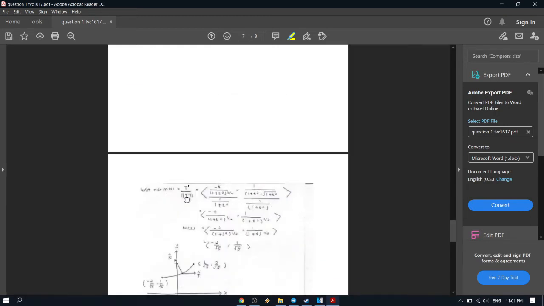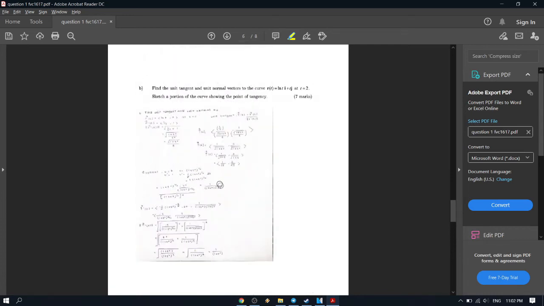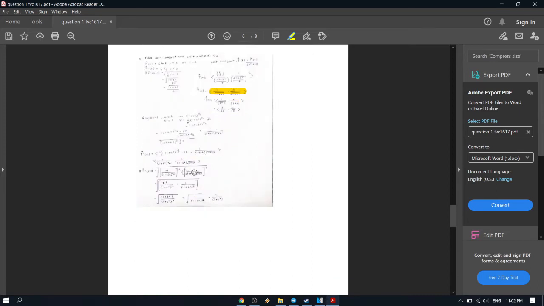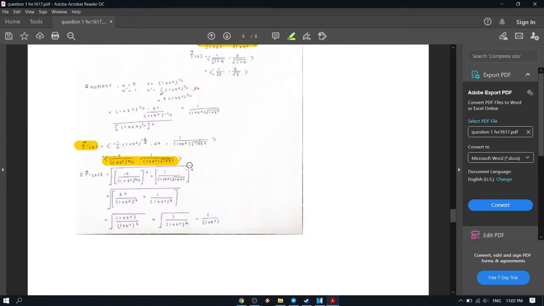Okay, for the unit normal, we use this formula, which is the first derivative of T, we divide it by the magnitude of the first derivative of T. Just now we found T, which is the unit tangent here, right? And then we find the first derivative of T, and then we could get this.